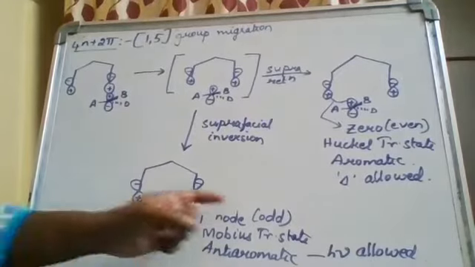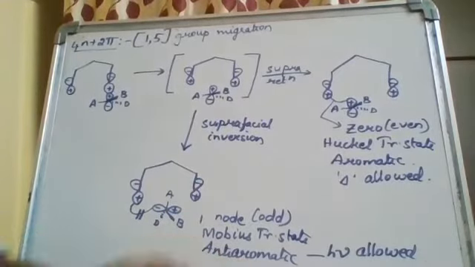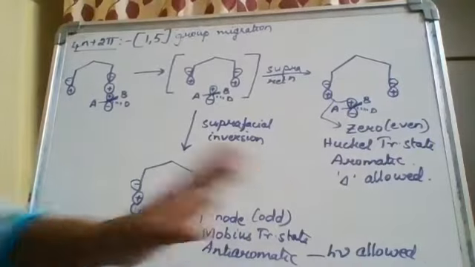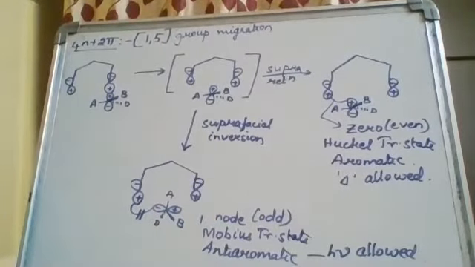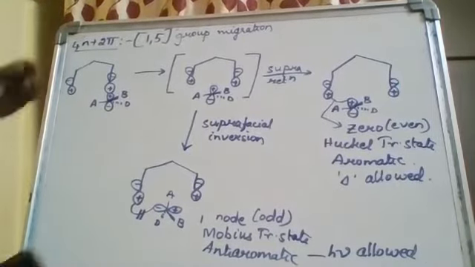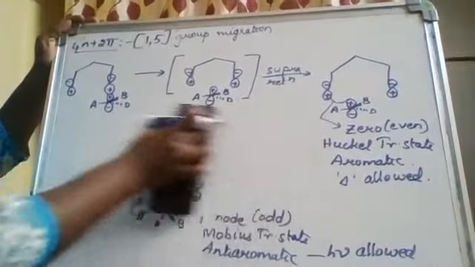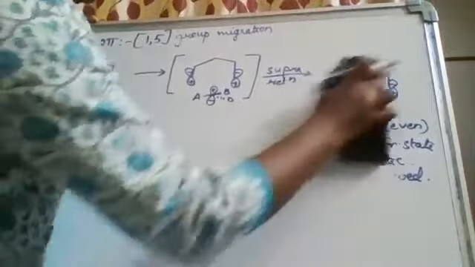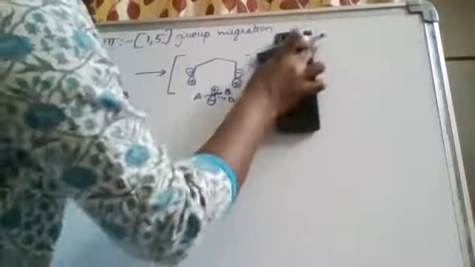A Mobius transition state is considered to be anti-aromatic, hence it is photochemically allowed. Now, we are going to do the 1,5 group migration, antarafacial with retention of configuration and antarafacial with inversion of configuration.